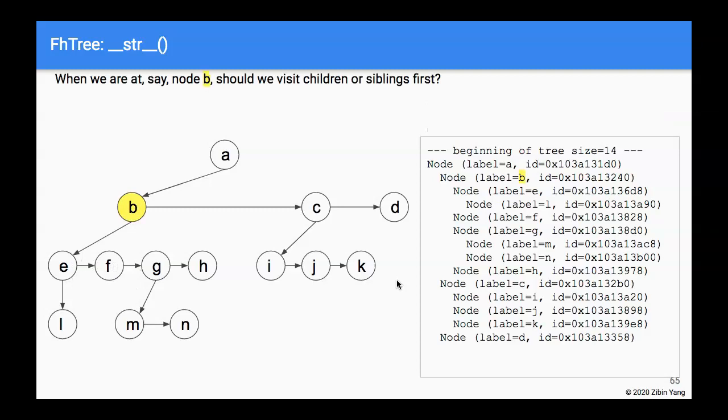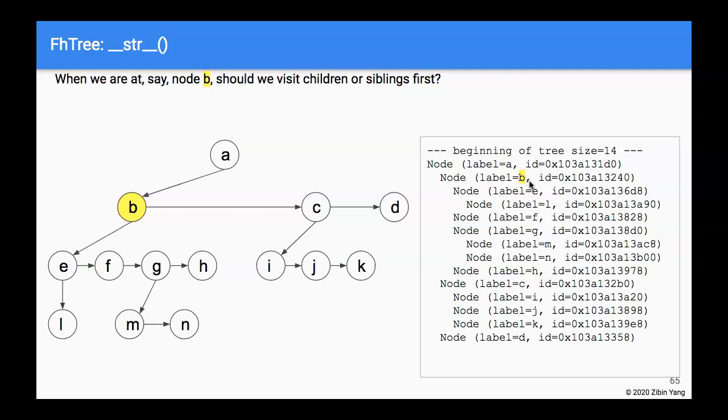And there are a couple of detailed questions that we should answer before we actually embark on our implementation. The first is, when we are at a particular node, let's say in this case node B, we can get to its sibling, or we can get to its children. The question is, which one do we visit first?